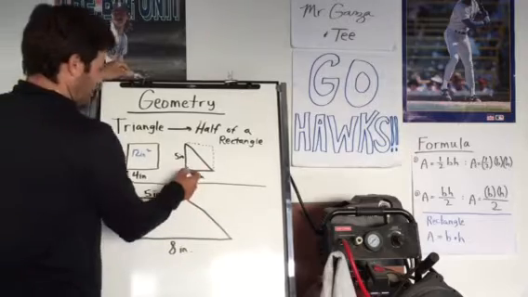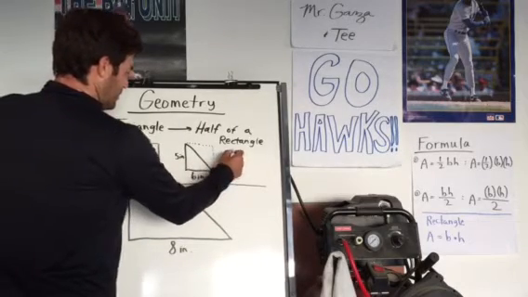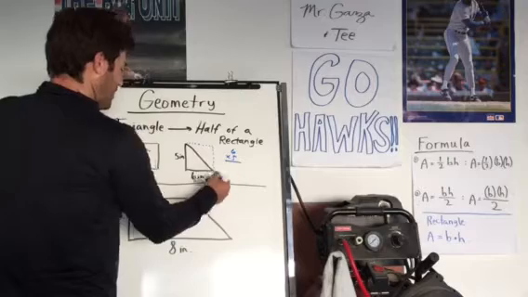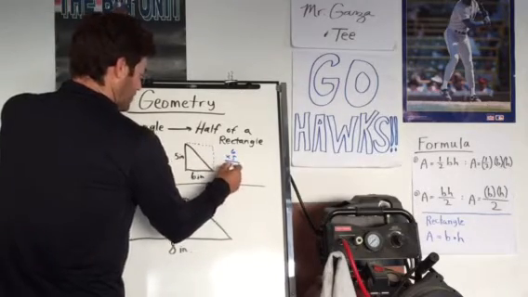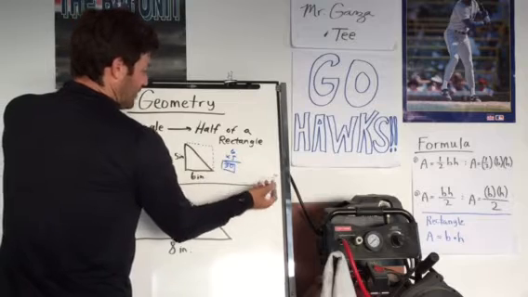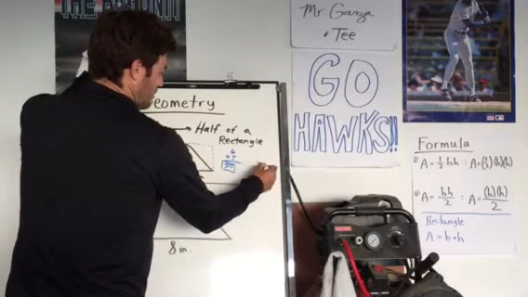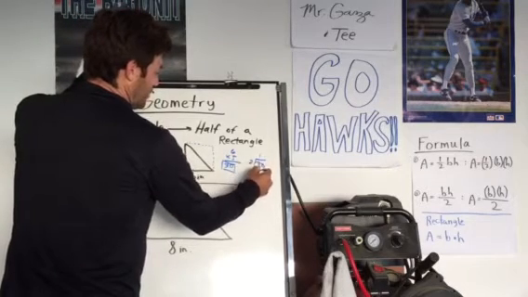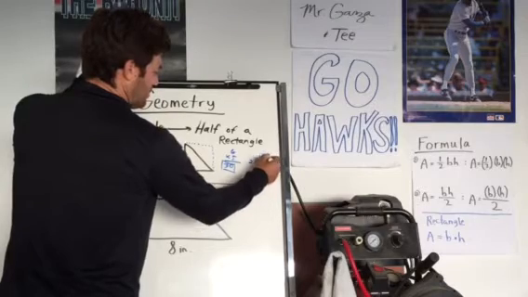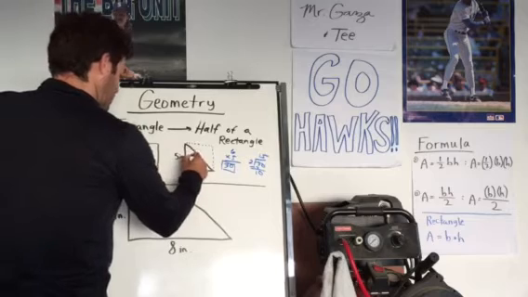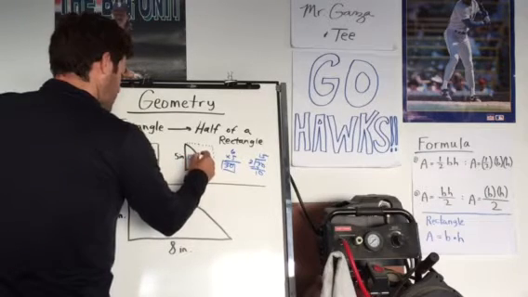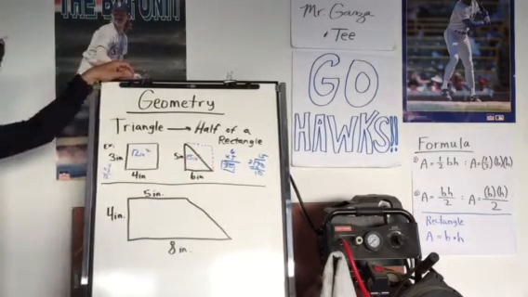So to find the area of a rectangle, it's 6 times 5, but because we're looking for the area of a triangle, we have to take this number and divide it by 2. 30 divided by 2 is 15. The area of this triangle would be 15 inches squared.